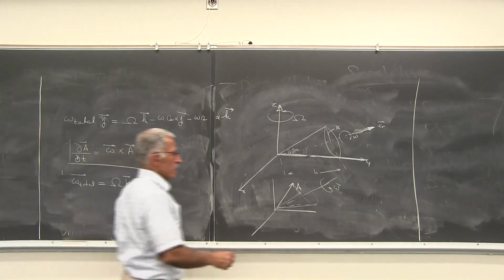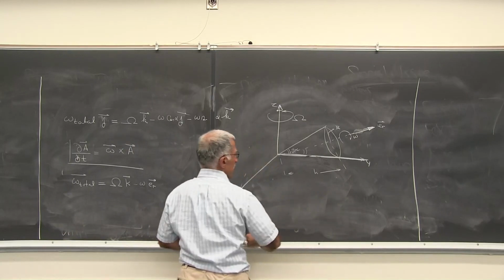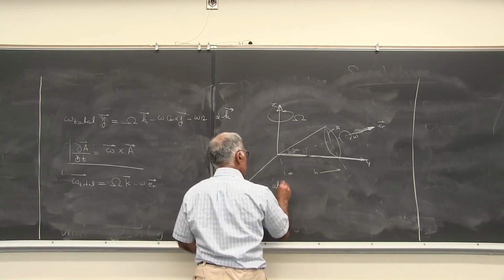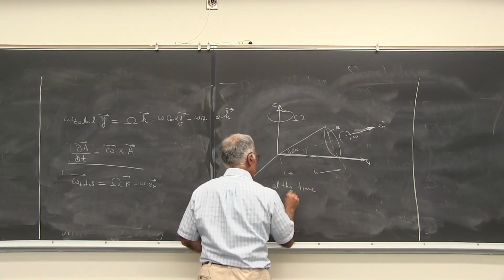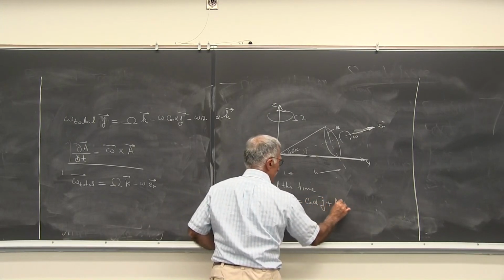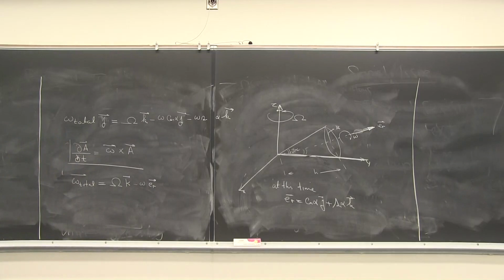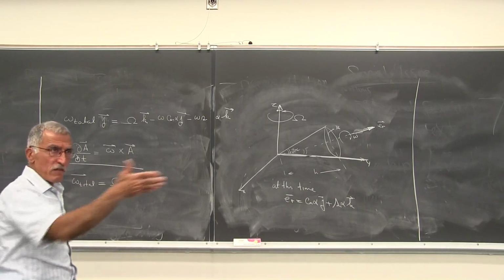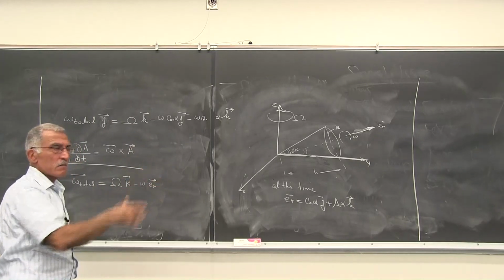So at this time, ER is cosine alpha j plus sine alpha k. At other instances, it is different, because the cone is going to different places. The cone keeps on rotating, and the cone has a different direction for ER. But at this instance, it is here.